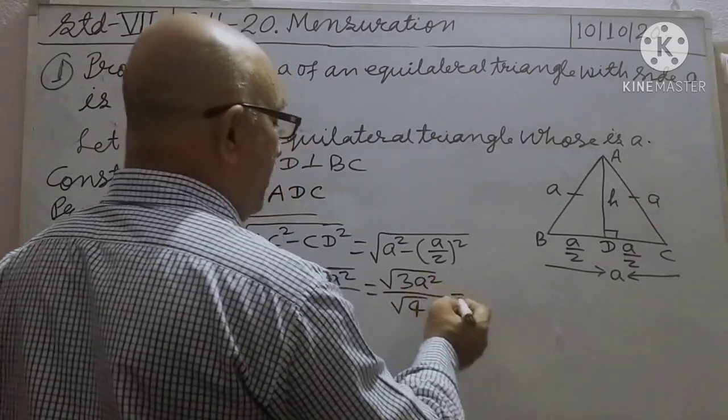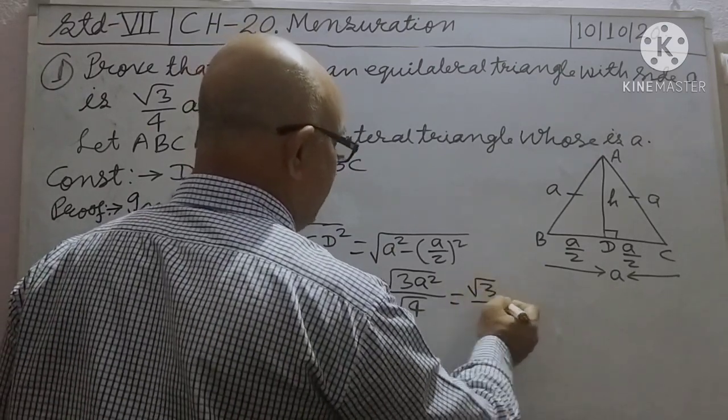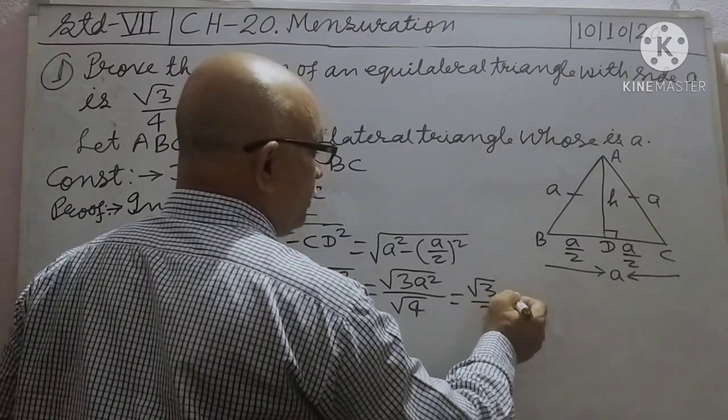Square root of a square is a, square root of 3 is root 3, square root of 4 is 2. So root 3 by 2 a.